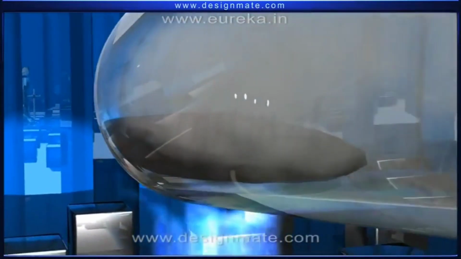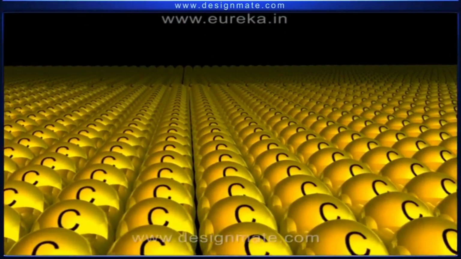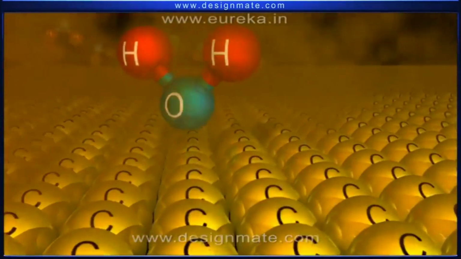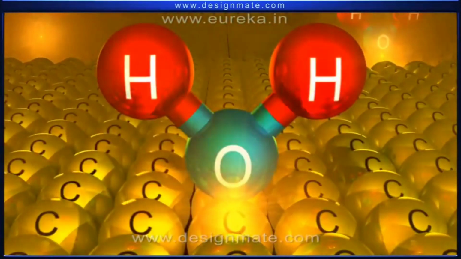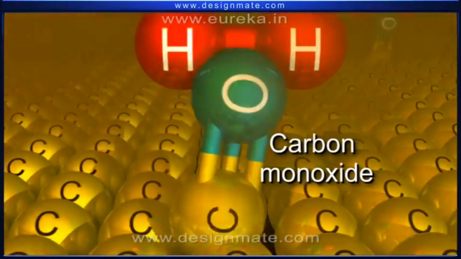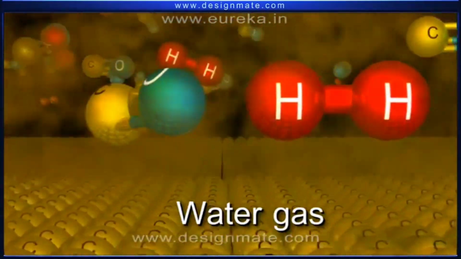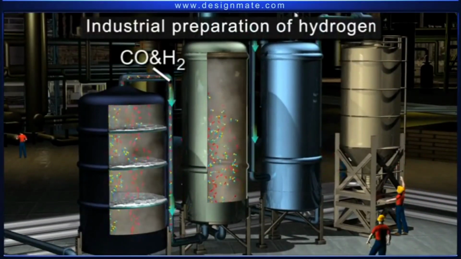The coke contains 90% or more than 90% carbon, which reacts with the hot steam, or water, to form carbon monoxide, CO, which produces the water gas, which is useful to produce hydrogen gas as well.